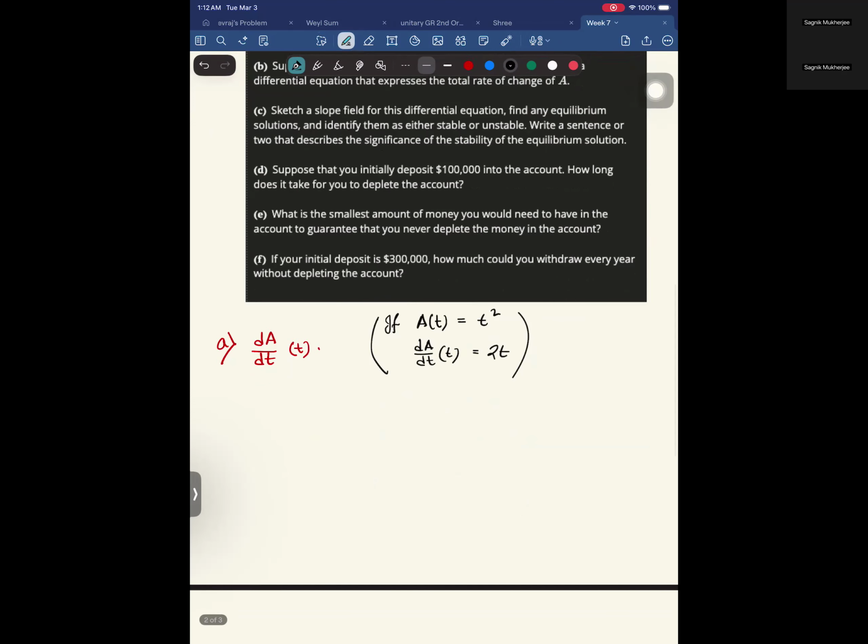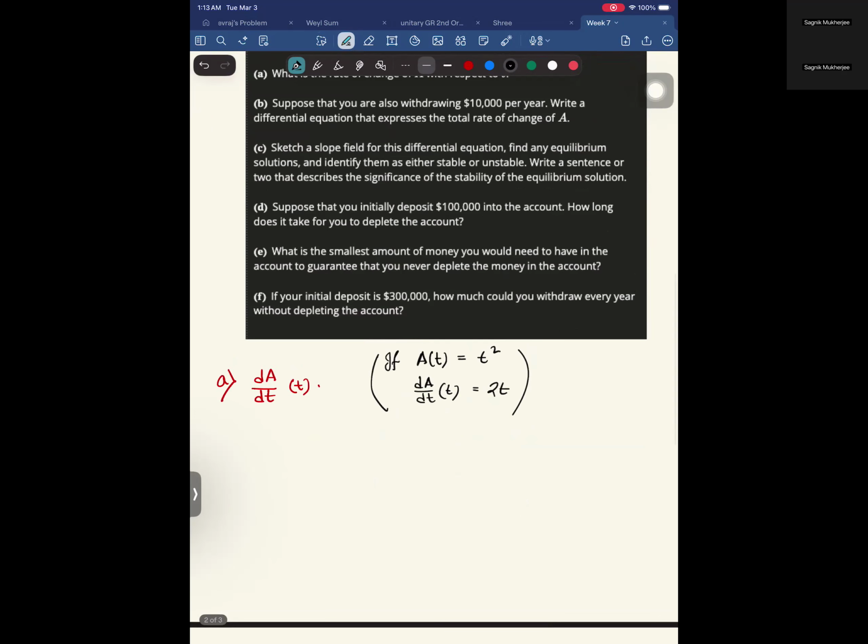So now you are withdrawing $10,000 per year, right? So the question is, what is the total rate of change? So see, dA/dt, this is the rate of change, right?